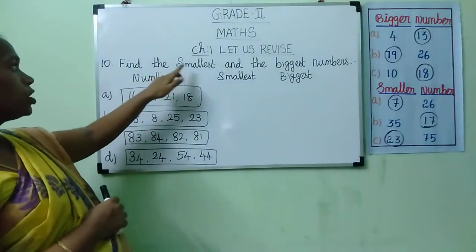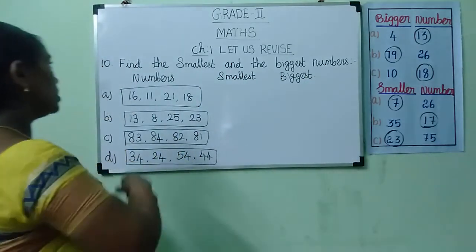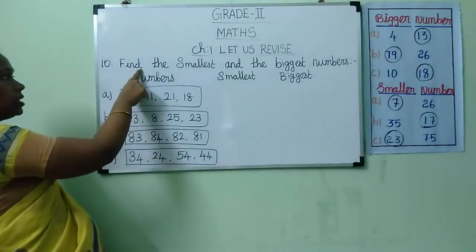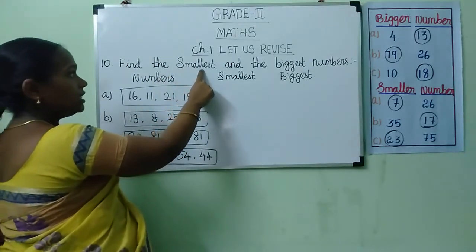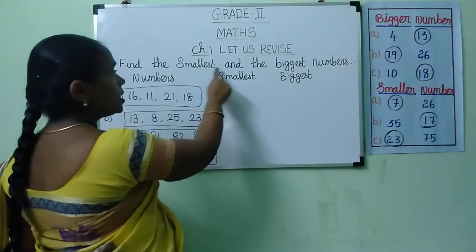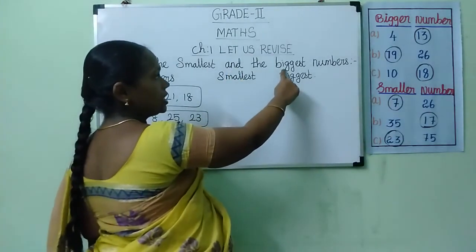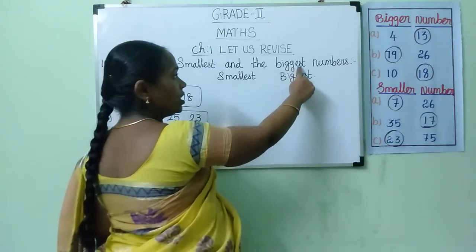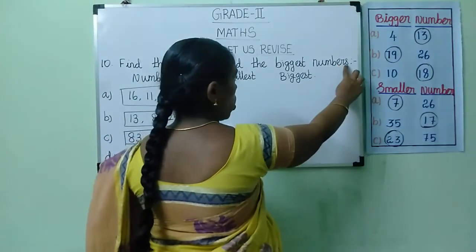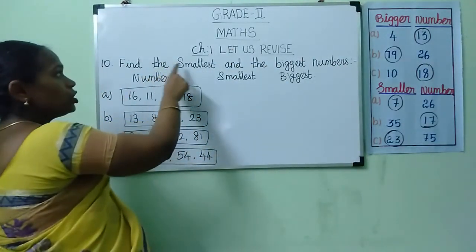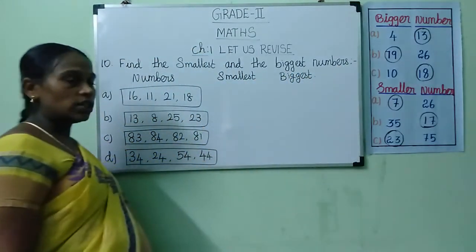Find the smallest and the biggest numbers. Are you clear, children? Okay.